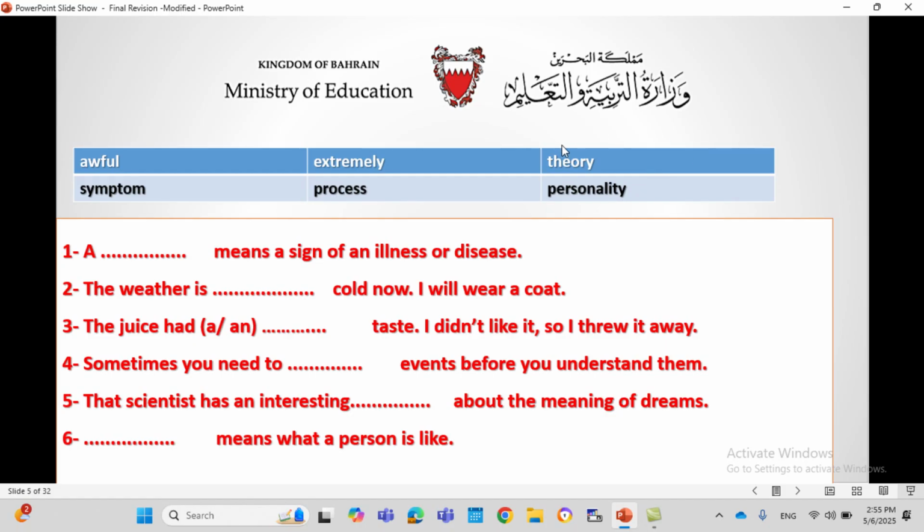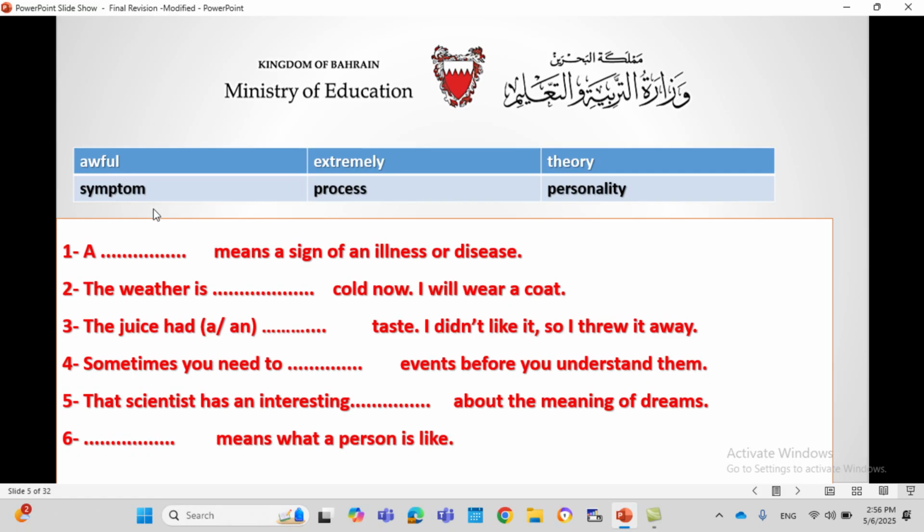The third word we have is the noun theory, and theory means a set of ideas that is intended to explain why something happens. As you know, we have, for example, the theory of gravity, which explains or tells us why things fall to the ground.